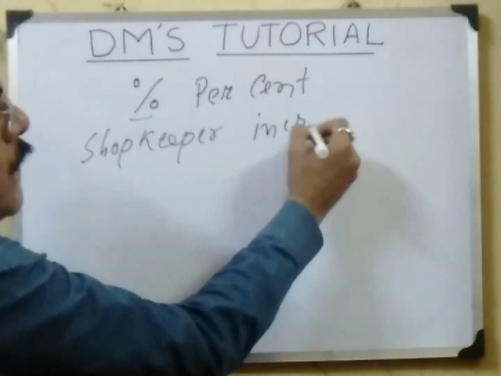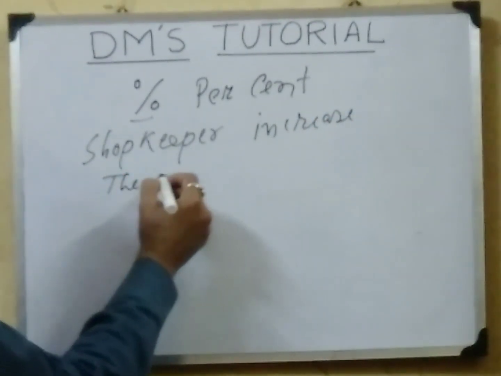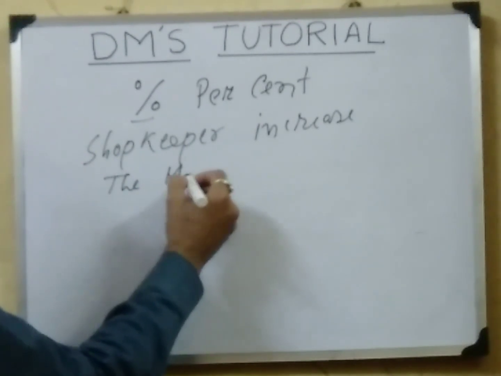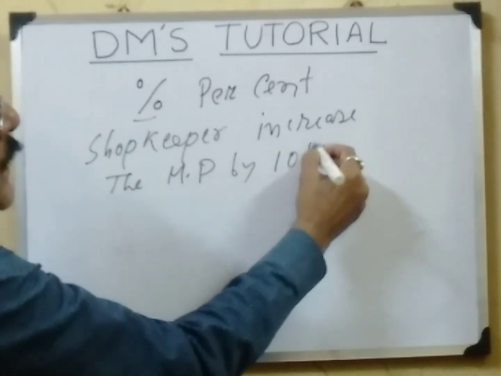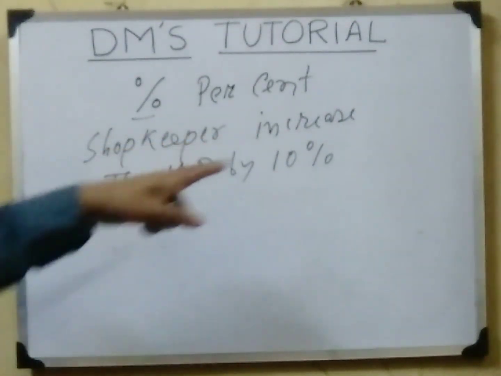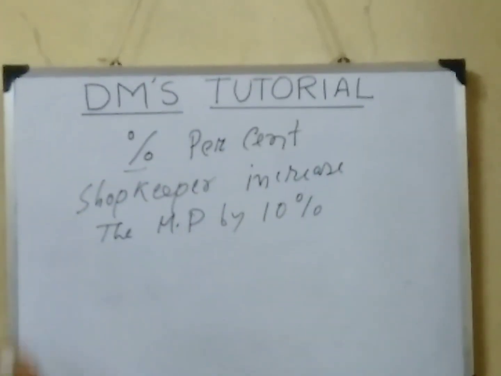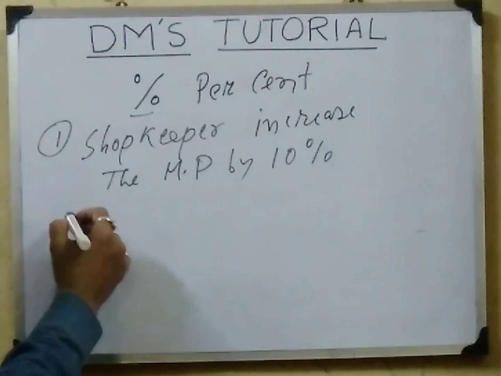Shopkeeper increase the marked price by 10%. First of all, shopkeeper increase the marked price by 10% in first step. Second step, what is he doing?